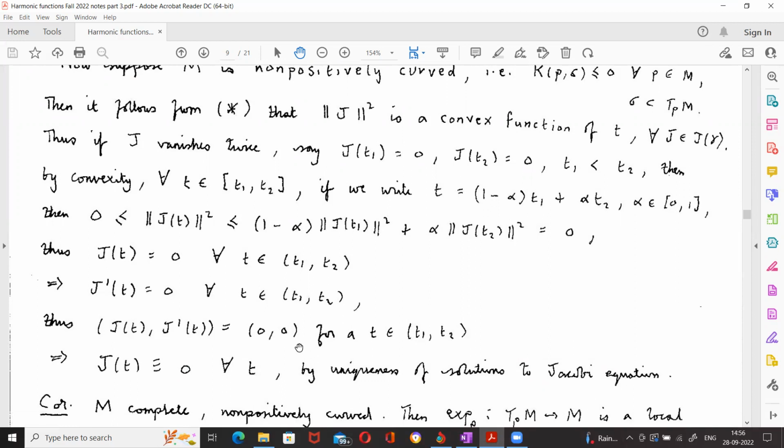But these are the initial conditions, right? This J(t), J prime(t) for any t, I can take these to be initial conditions for my Jacobi field. And I know by uniqueness of solutions to the Jacobi equation, this will imply that J is identically 0, for all t.